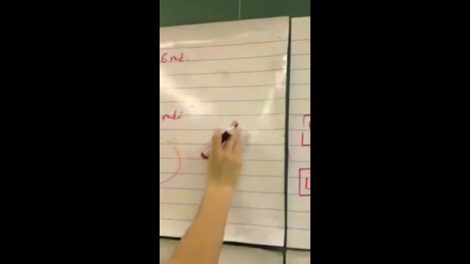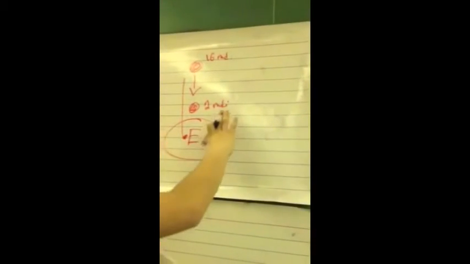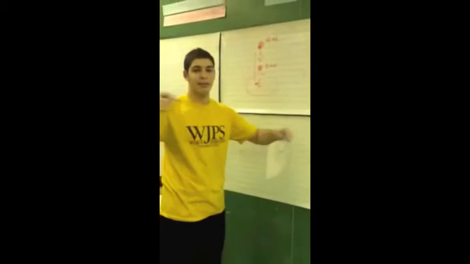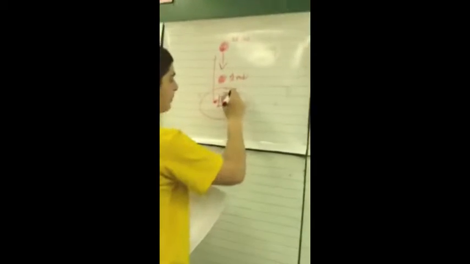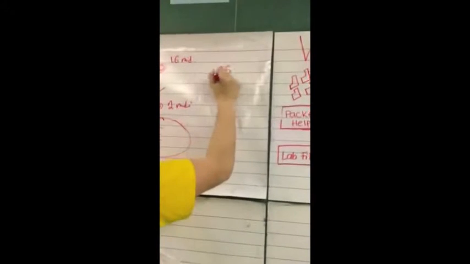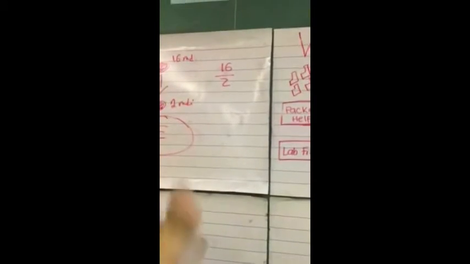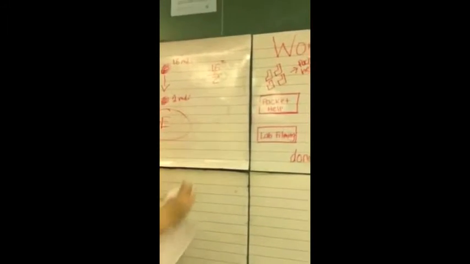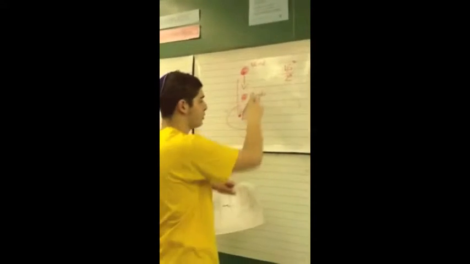My own personal trick that I found is, if something is getting closer together, the gravitational force between them is getting bigger, and if it's going farther apart, it's getting smaller. So you want a fraction where your numerator is larger than your denominator, because that means the force is getting bigger because it's getting closer to Earth.